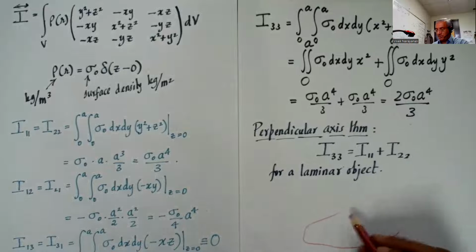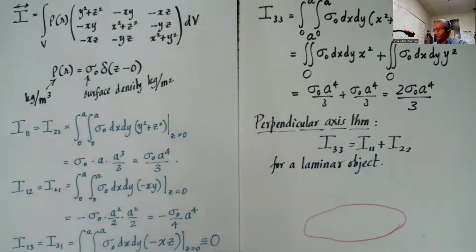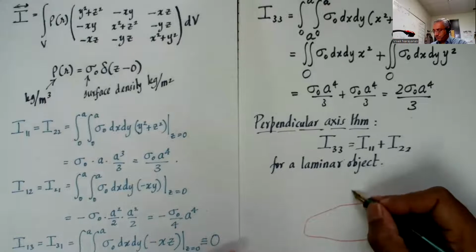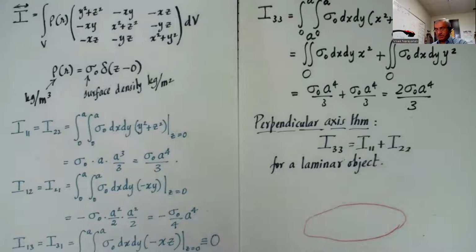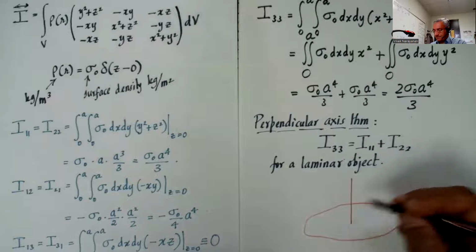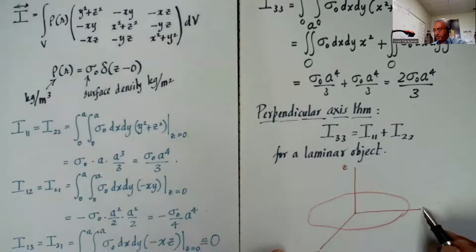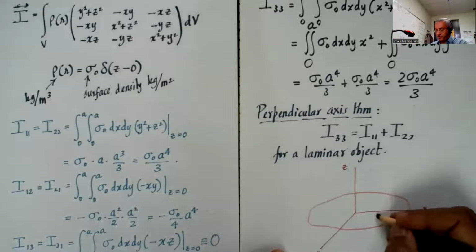If you have a laminar object and you have the z-axis, I've run out on that pen. The x-axis and the y-axis, and you have some mass point over here.